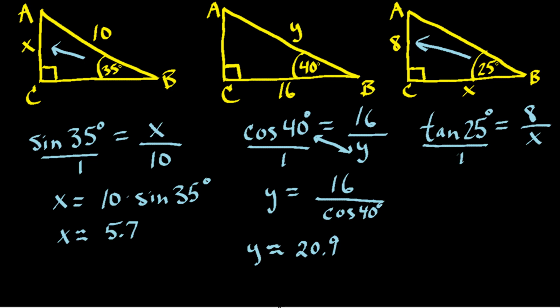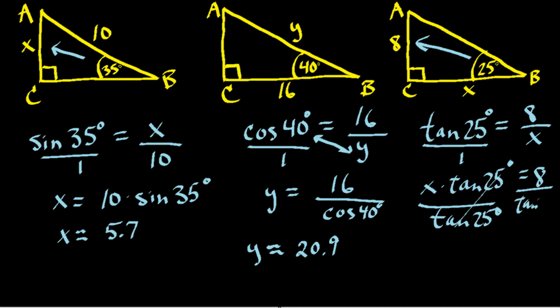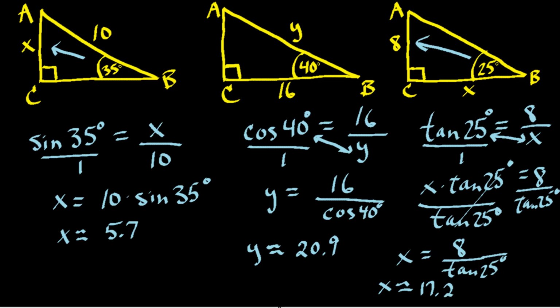You could cross multiply, but then you would get x times tangent 25 degrees equals 8, and you would have to divide both sides by tangent 25 in order to get x alone. So the quick way to do the problem is just to reverse these two, and you would get x equals 8 divided by tangent 25 degrees, all in the first step. When you put that into a calculator, you should come up with 17.2 when we round to nearest tenths.